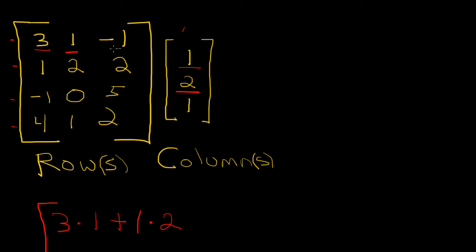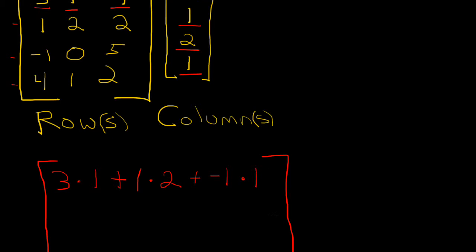Our final number in this row is -1, and we're going to multiply that by the 1 over here. So we're going to add a -1 times the 1 in the other matrix. And just like that, we have our first row done, at least in the pre-final math portion.